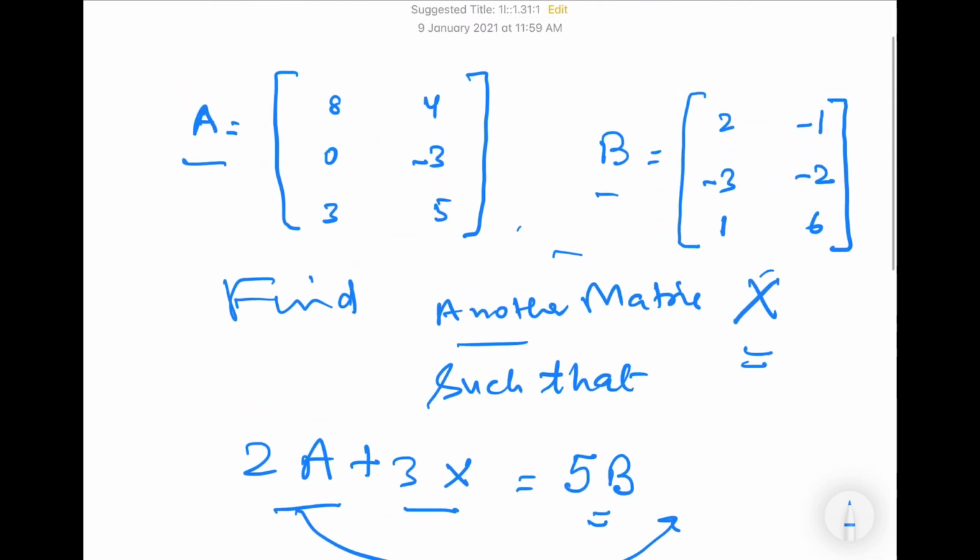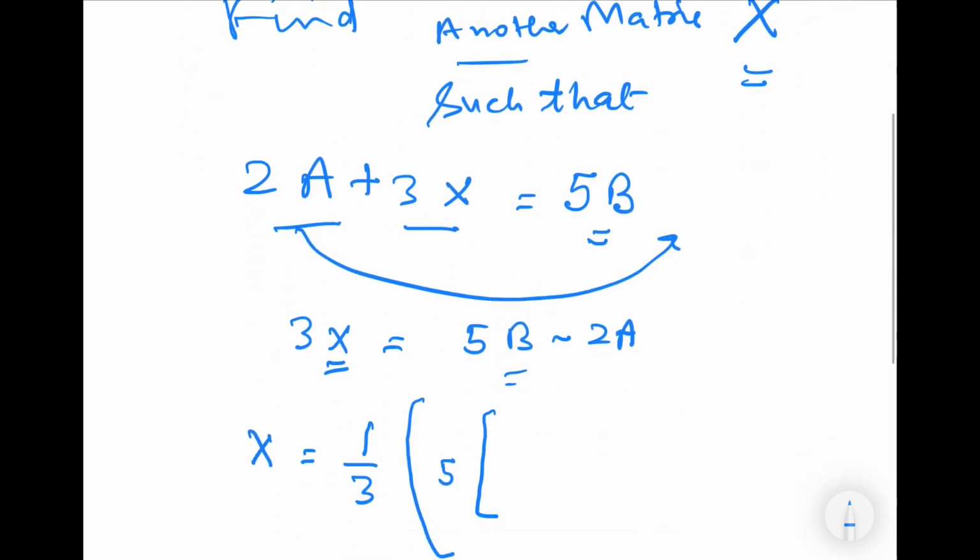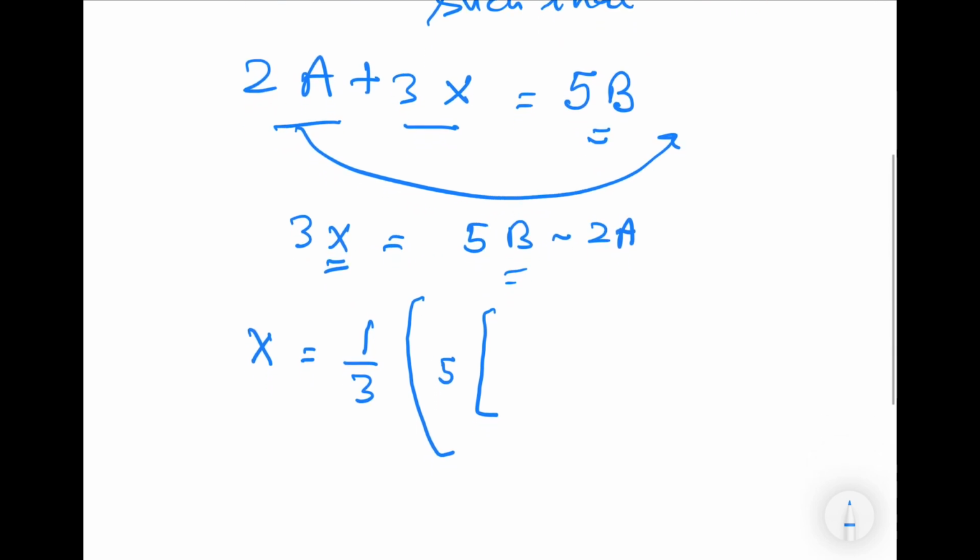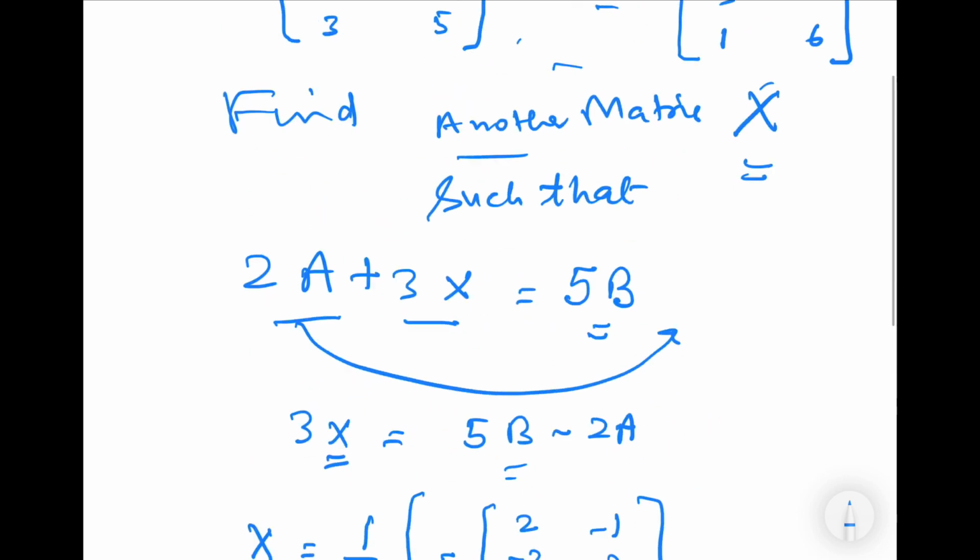We have got B here. That will be 2 minus 3, 1, minus 1, minus 2, 6. This is the value of B.